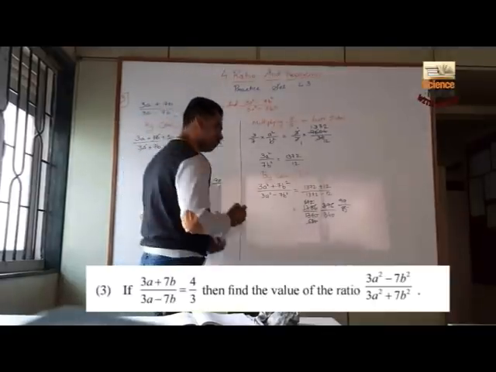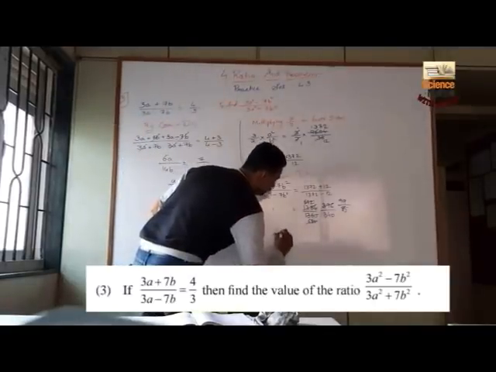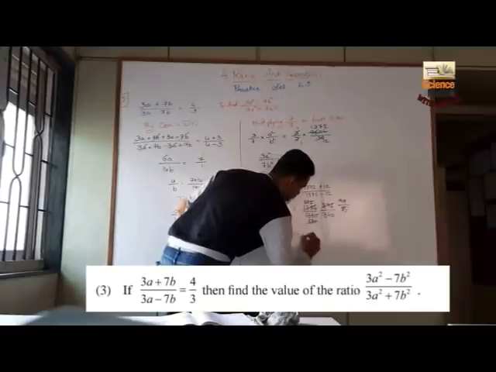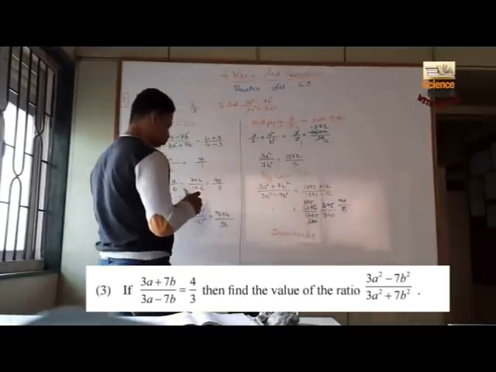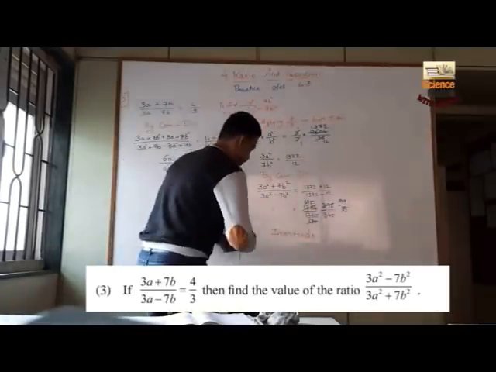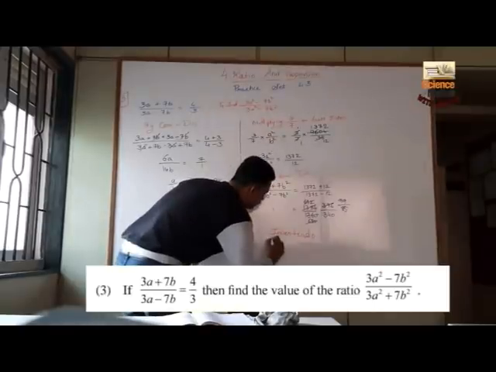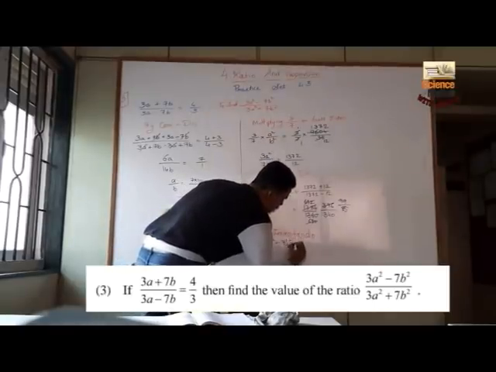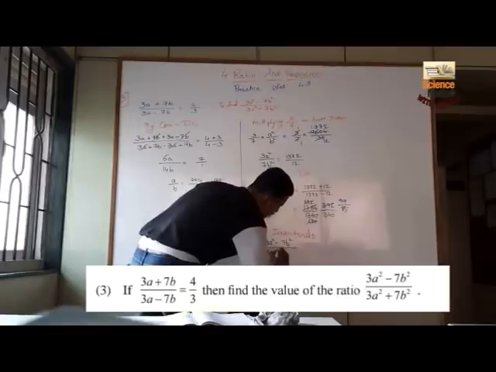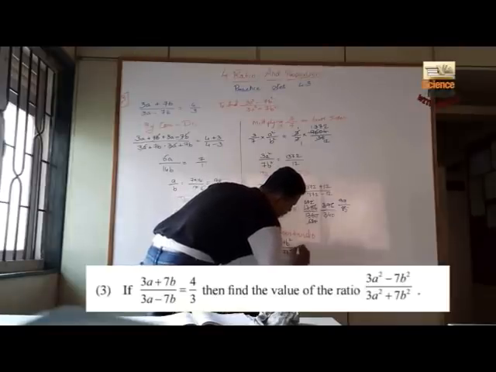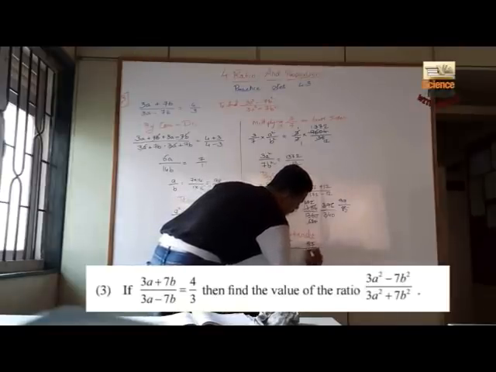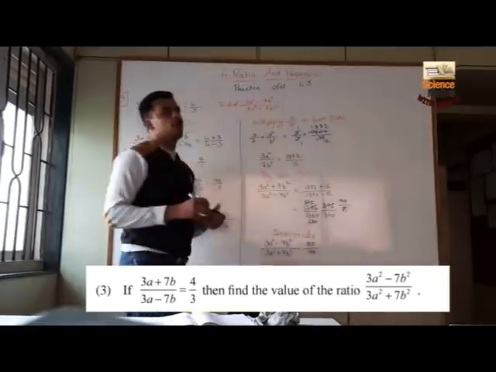So final step of the equation, invertendo. So 3a squared minus 7b squared upon 3a squared plus 7b squared is equal to 85 upon 90.